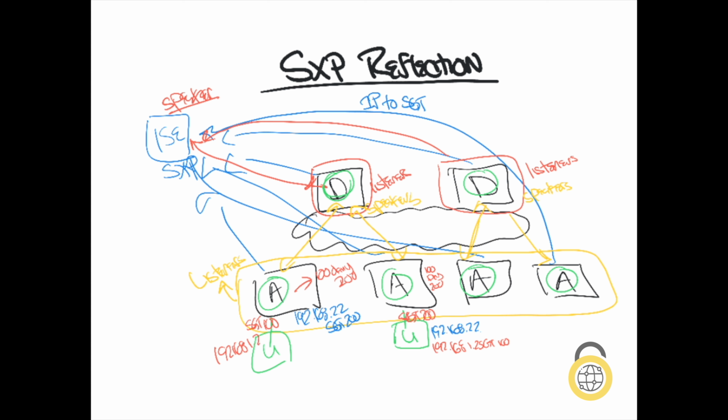So that will actually get propagated amongst all the switches, and you don't have to worry about the limitations of SXP. And since this is a control plane protocol, if anything in the middle is blocking, I think it's 64999, you can have control plane problems when it comes to SXP.